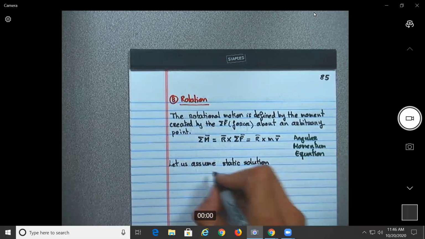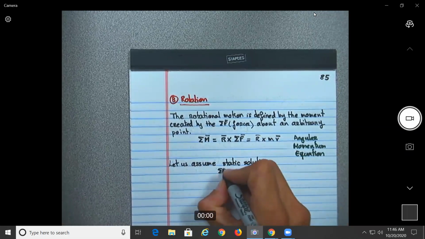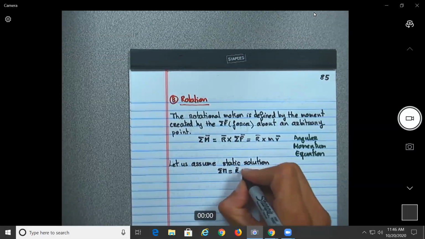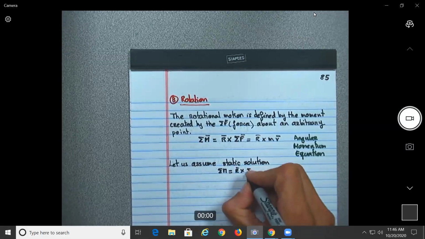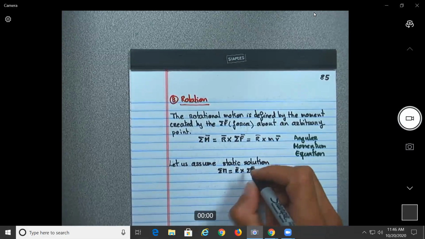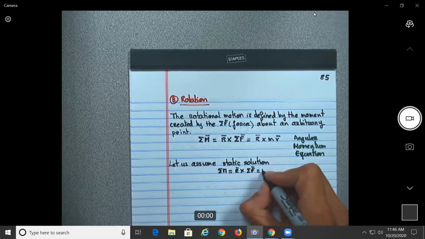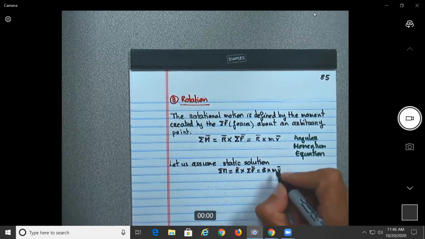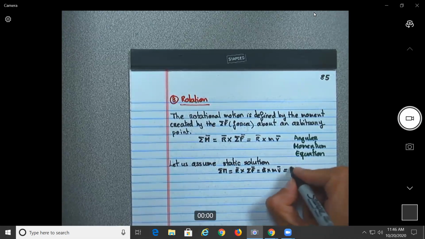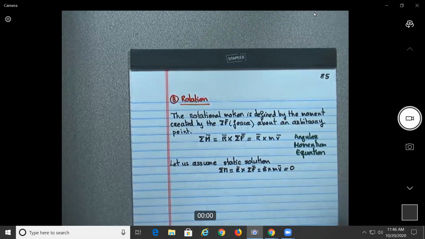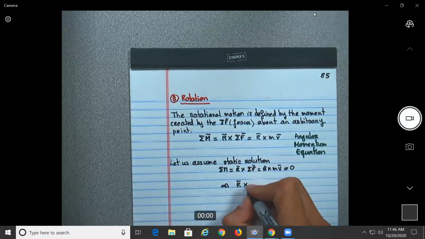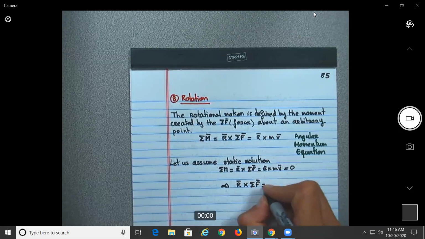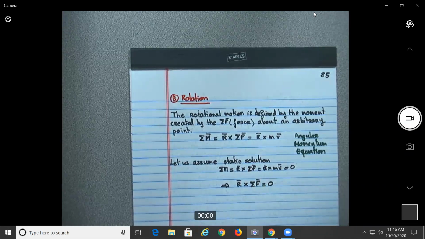Okay, which basically means the summation of the moments equals R cross summation of forces equals R cross MV equals 0. Or I can just say here that R cross summation of forces will be equal to 0.